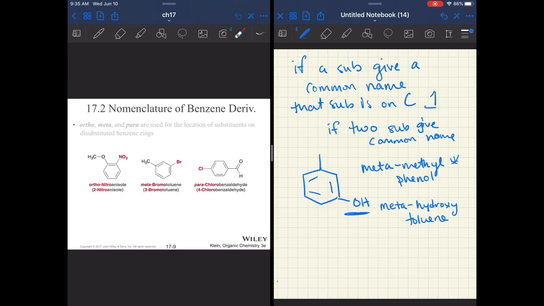Or the other explanation could have to do with atomic number, and they're assigning priority similar to the Cahn-Ingold-Prelog rules. It doesn't matter. They're both correct. It's not confusing. Meta-hydroxytoluene is going to bring you to the same structure. So I would accept either name if I ask you to write out or type out the name of a compound. For me, these are both great.